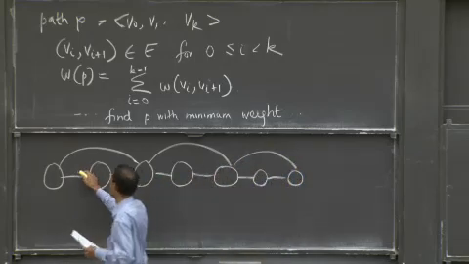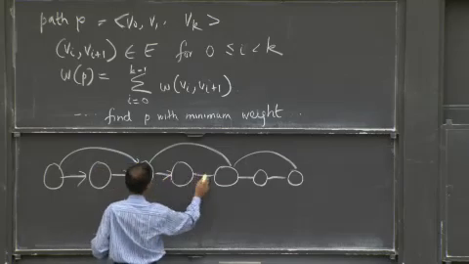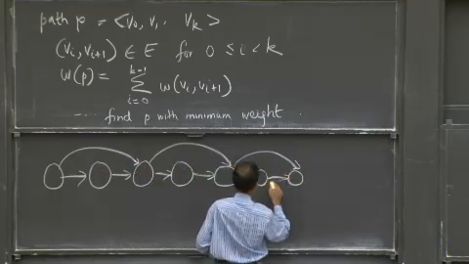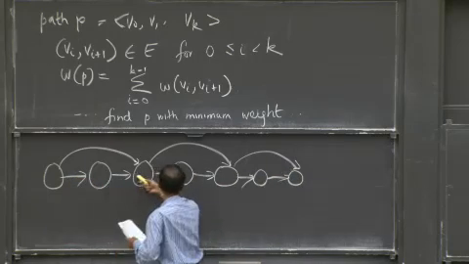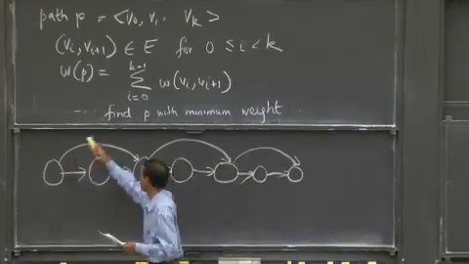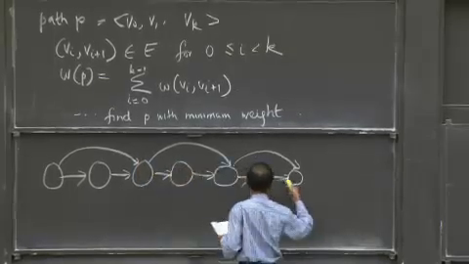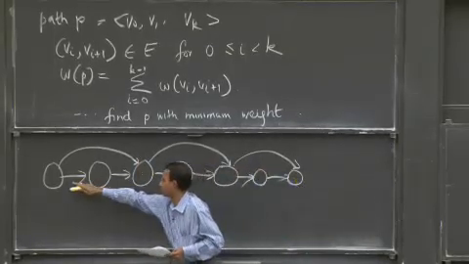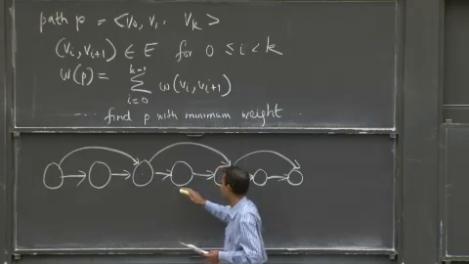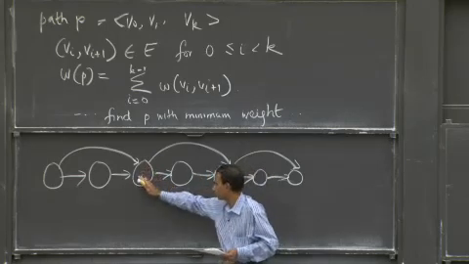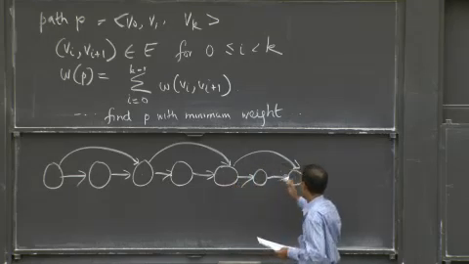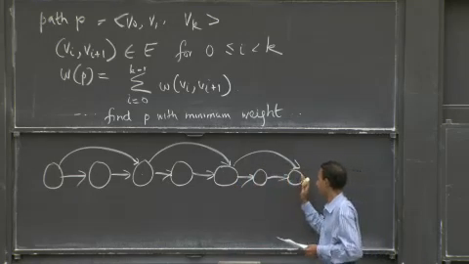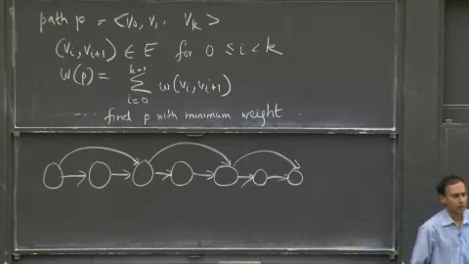But let's assume that all the directions go this way, and it's a directed graph. Well, you could have the path that goes all the way here, but you could have the path that goes on top and all the way this way. You have basically two choices on getting to this vertex. Then given the two ways of getting to this vertex, you've got 4 ways of getting here, and then you have 8 ways of getting there, and so on and so forth. Okay, so there's potentially an exponential number of paths.